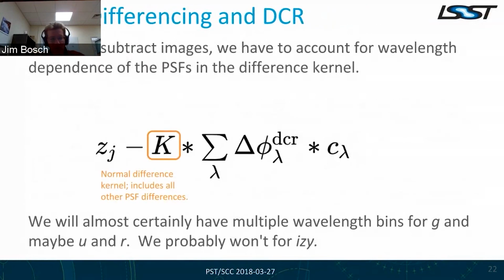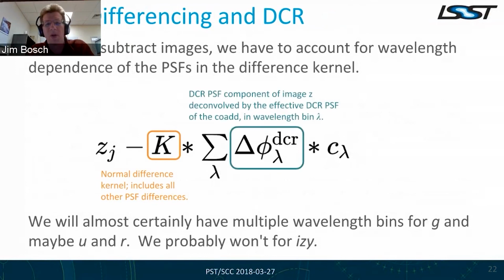First, we have this normal difference kernel. This includes all the other PSF differences. This is the normal thing you would do if you were not worried about chromatic PSFs, and it's just constrained from trying to match the coadd to the science image you're trying to difference it with. But instead, we're going to have this sum over wavelength bins.